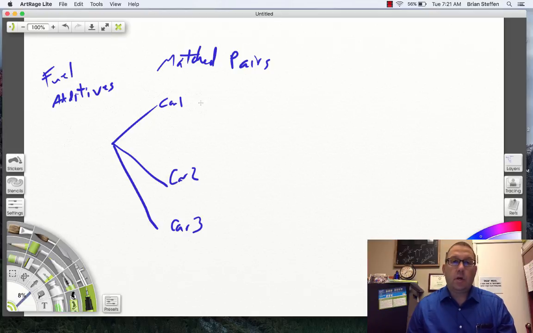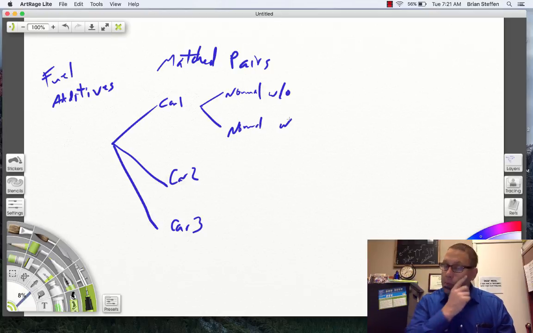Car 1 is going to be driven under normal conditions without the additive. Then we do the same exact normal conditions, just a normal work week, but with the additive, and we compare those results. We do the same thing for car 2 and compare the results from car 2.